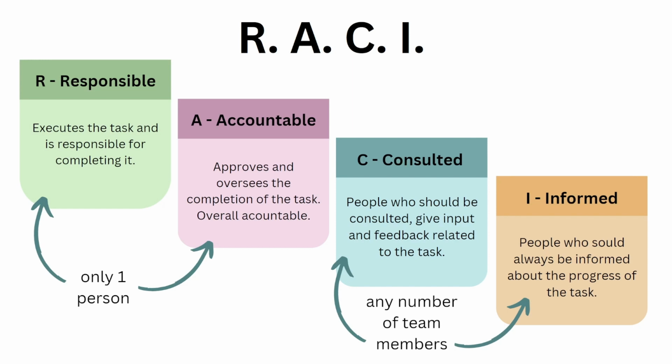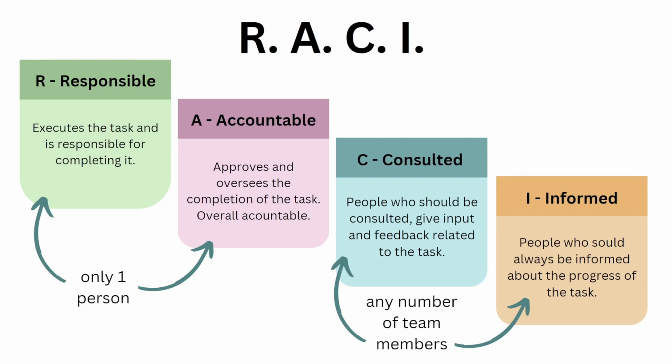C for consulted are the people who are involved in the task, and they're the ones with expertise, can give input, feedback, and consult the person who is responsible and accountable to the proper execution of the task.